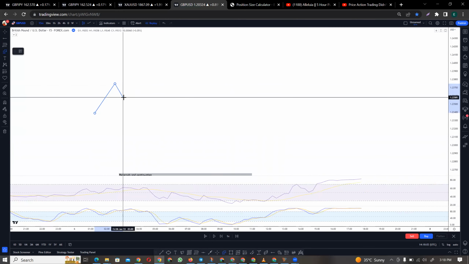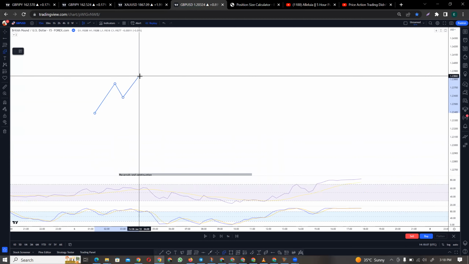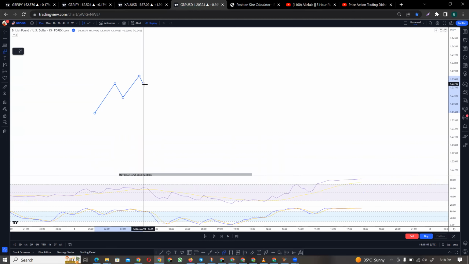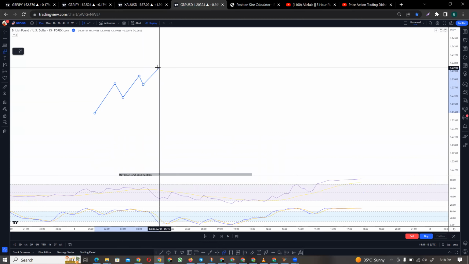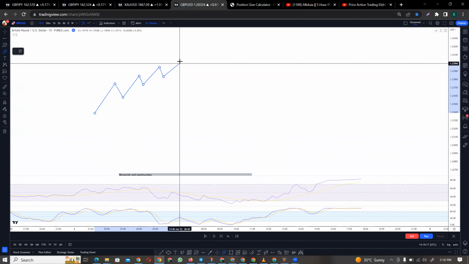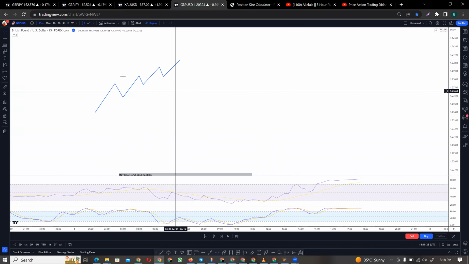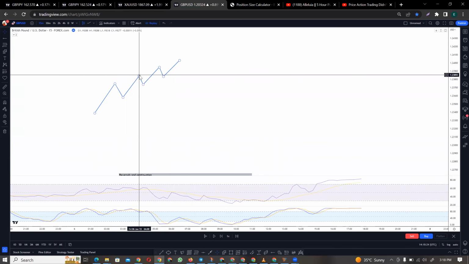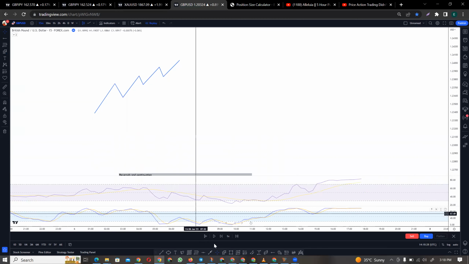Market was forming higher high, higher low, higher high, higher low, higher highs, higher lows, higher highs. Then from here, for example, market was going up.